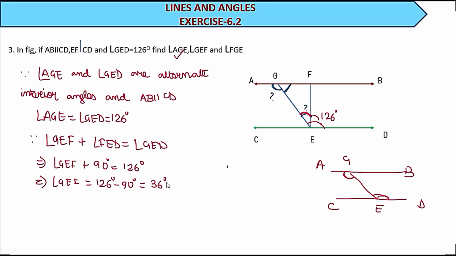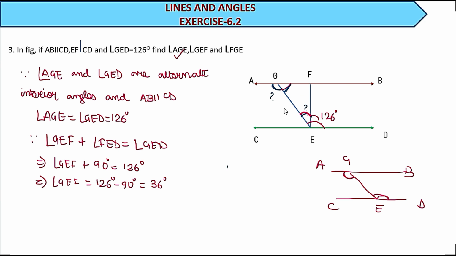Okay. So next we are left with angle FGE, that is this angle. Now this can be proven in two ways. This angle and this angle are consecutive interior angles, so that will make the sum 180 degrees. So this is one way.